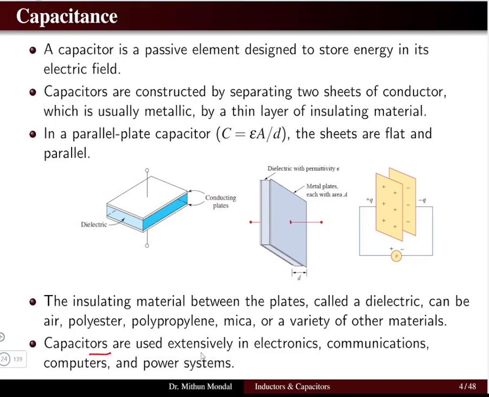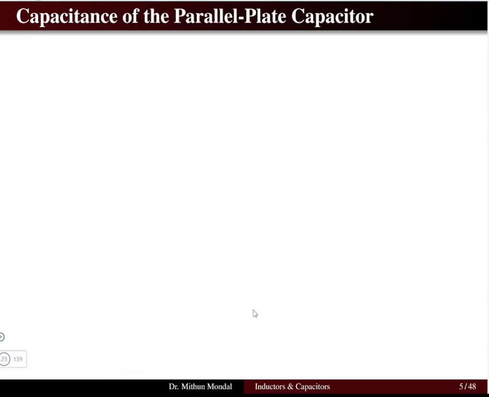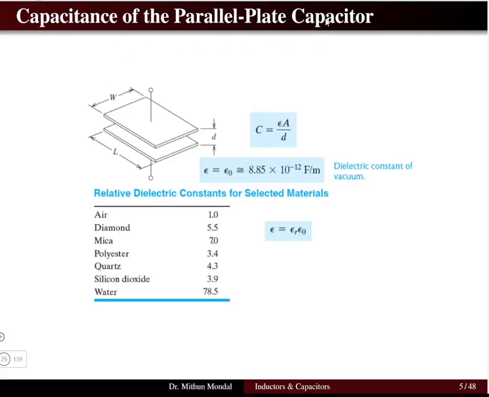Capacitors are used extensively in electronics, communications, computers, and power systems. So in different fields of electrical and computer engineering, capacitors are being used. Now we'll discuss the capacitance of the parallel plate capacitor a little bit.